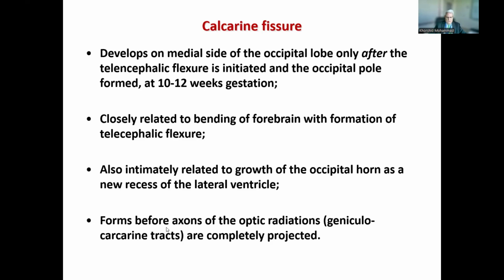And these all form before axons of the optic radiations or the geniculocalcarine tract are completely projected to the occipital lobe. So it's before you have the thalamocortical projection to the visual area.